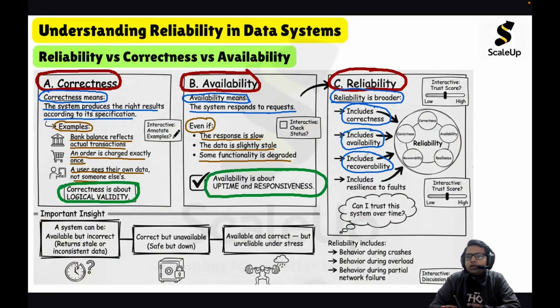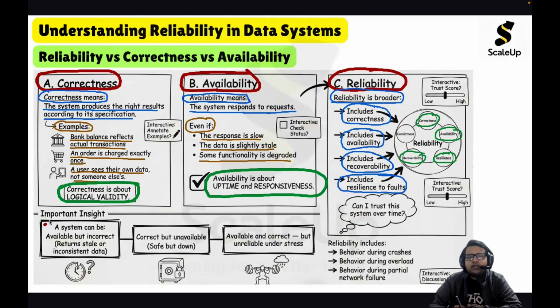Reliability also includes resilience to faults. This is very important. So reliability means correctness, availability, recoverability, and resilience. So that's reliability. Now let us look at one very important insight.